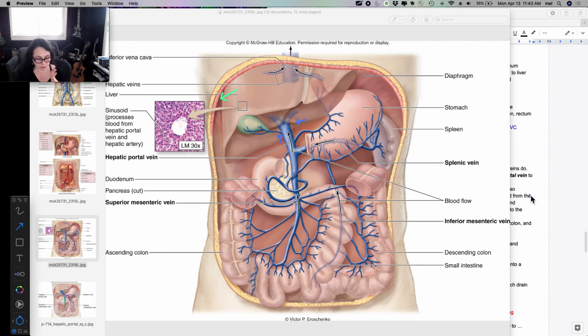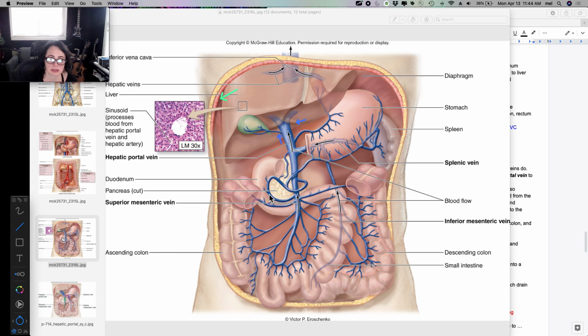All right, and I love hepatic portal circulation. Do you see this chair? Let me draw you a bad picture of the chair real quick. Do you see that chair?